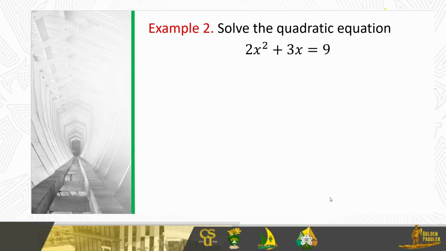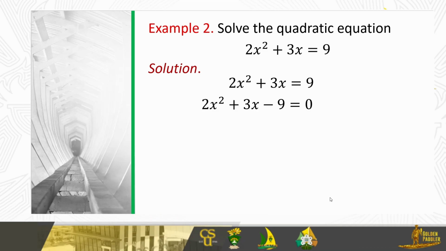Another example is solving the quadratic equation 2x squared plus 3x equal to 9. Notice that this equation is not in standard form. So simplifying this into standard form, we have this equation. And clearly, factoring the left-hand side of the equation gives the factors 2x minus 3 and x plus 3.